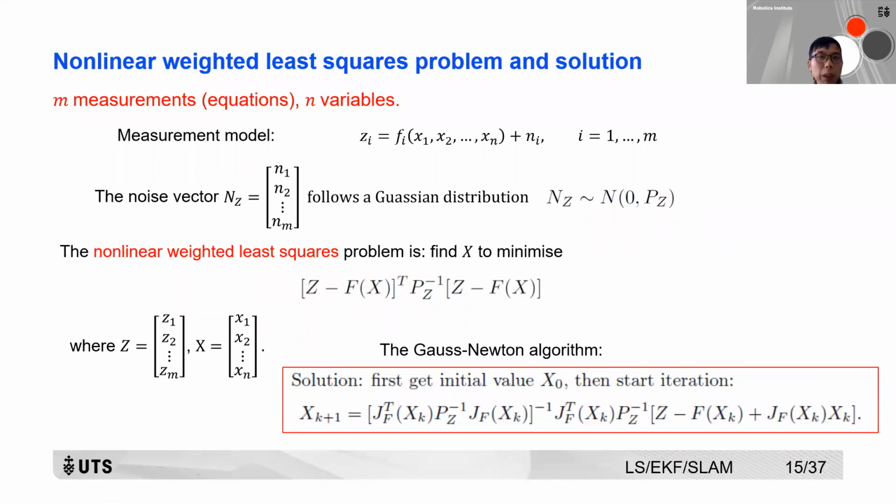So generally speaking, if we have m measurements from a nonlinear model and n variables, and if the noises follow a Gaussian distribution, then we can formulate the problem as a nonlinear weighted least square, and we can solve it using the Gauss-Newton algorithm.